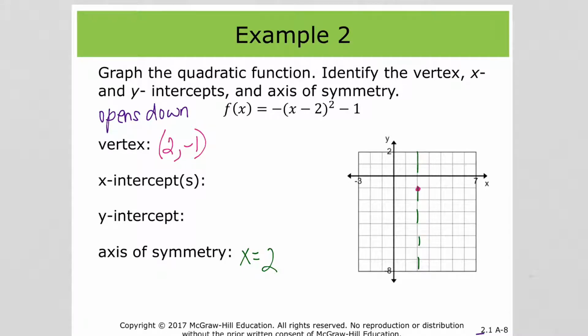Okay. Then the x-intercept, we let y be 0. So we've got 0 equals negative (x minus 2) squared minus 1. So add 1 to both sides. Divide both sides by a negative.